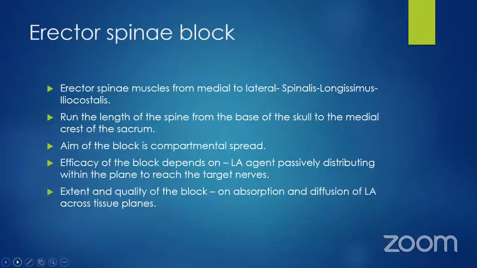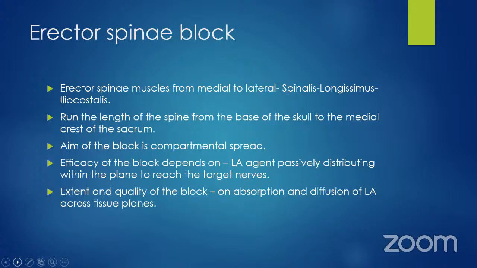Coming to the erector spinae block, the erector spinae muscles extend from the base of the skull to the median crest of the sacrum. From medial to lateral, there are three muscles: spinalis, longissimus, and iliocostalis. The main aim of the block is compartmental spread. Efficacy of the block depends on the local anesthetic passively distributing within the plane to reach the target nerves.